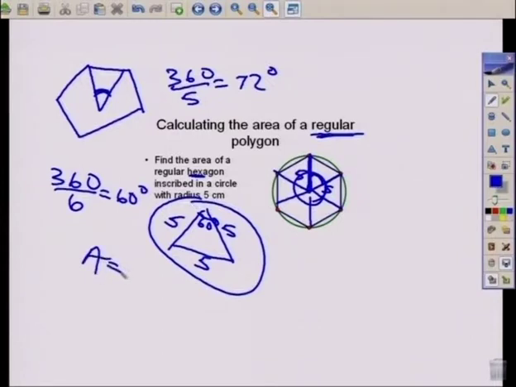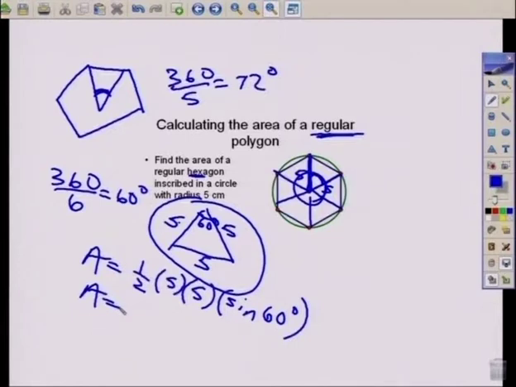In the previous slide, we said that the area is equal to 1/2 the product of two sides, 5 and 5, times the sine of the angle between them. So what I'm looking at is the area of one of these triangles that I'm then going to multiply by 6.